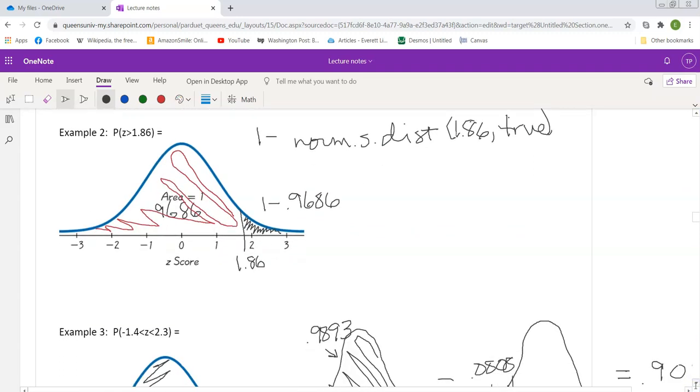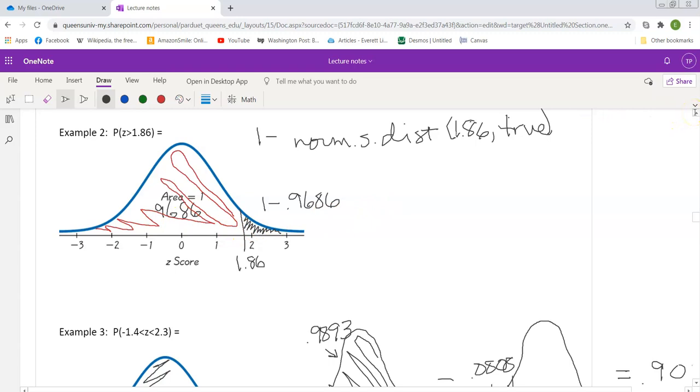So we were given a range of z values and we were asked to find the probability. Okay? And to do that, we needed to find the area under the curve corresponding to that range of z values.